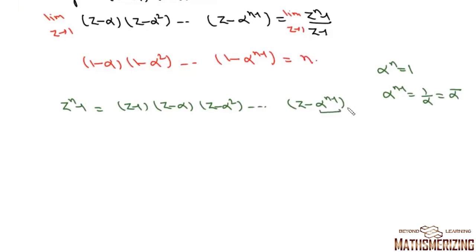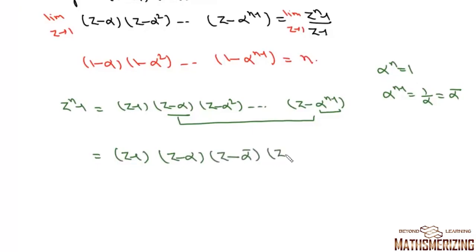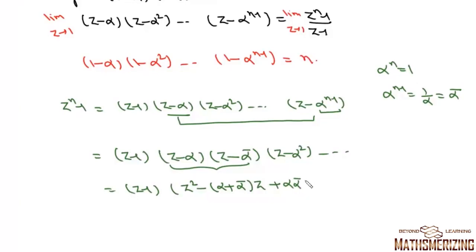So we can write alpha to the power n minus 1 as alpha bar, and we'll take these two factors together. We can write this as z minus 1, z minus alpha bar, z minus alpha square, etc. Now we multiply them, we'll get z minus 1, z square minus alpha plus alpha bar z plus alpha into alpha bar.